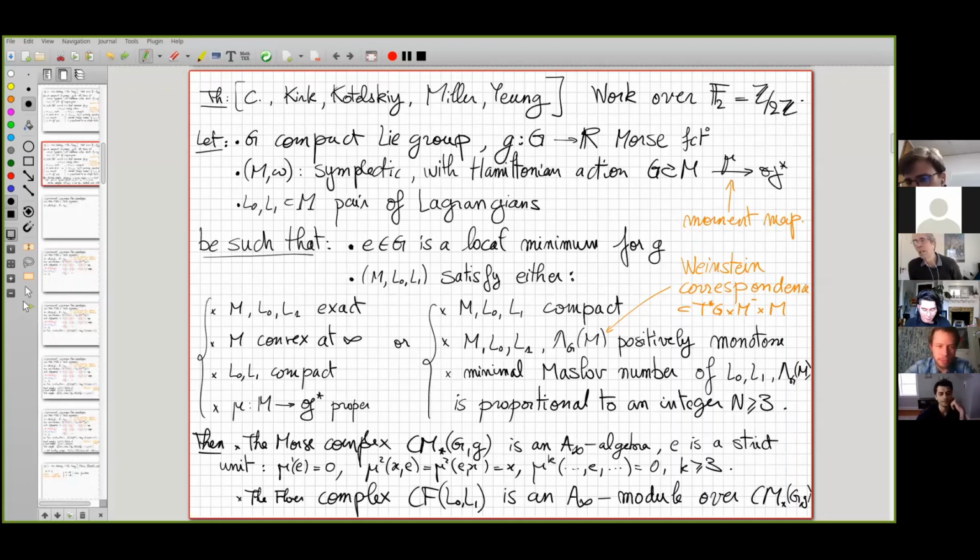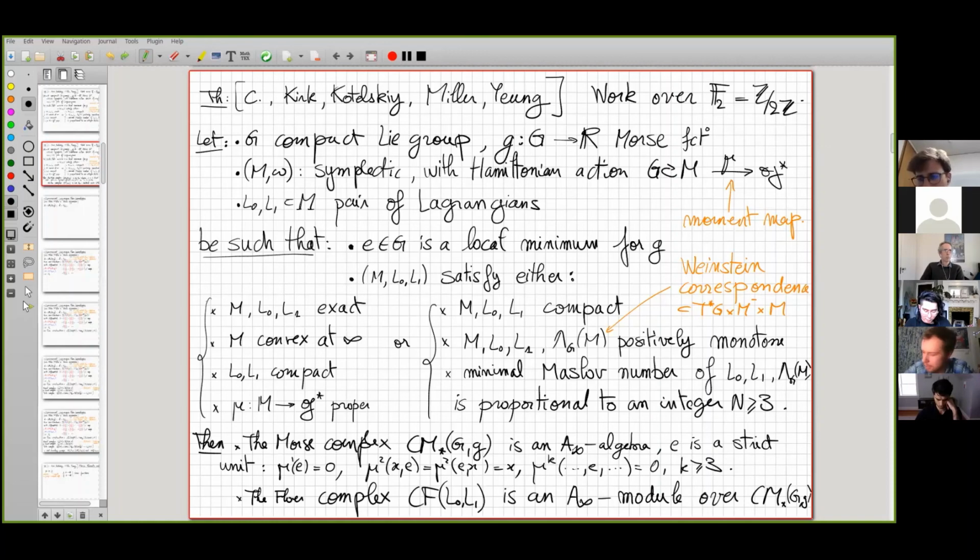I wanted to ask, so the toy model for that is the picture of a compact Lie group acting on a compact manifold, and then you have, as you said before, first an A infinity module structure on the Morse complex, and as I understood, you want to even boost it up to get the Hopf infinity like object.